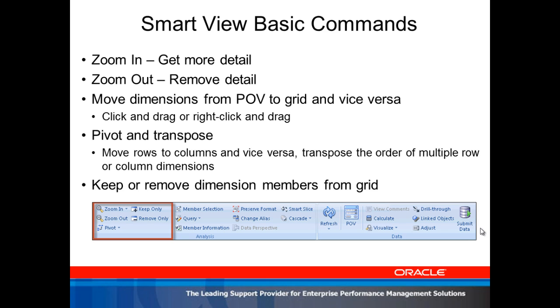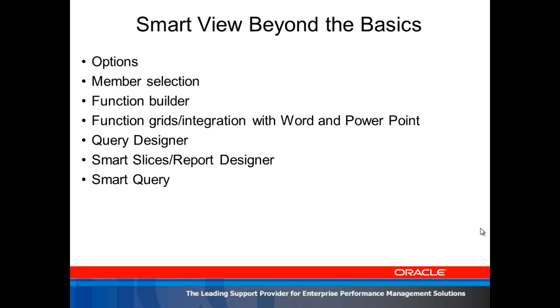You can also select multiple members from multiple dimensions to keep only those members in those dimensions, or remove only those members from those dimensions that are in the grid. And far beyond the basics, there are many, many different options that control the way SmartView looks and behaves.